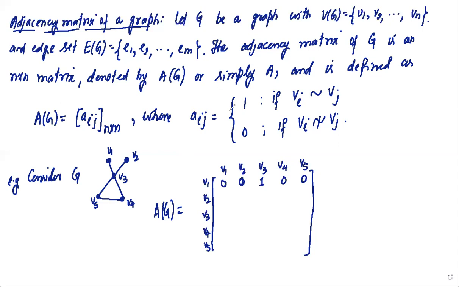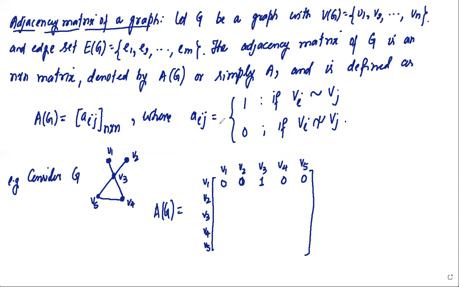Now, observe that whenever we have two vertices Vi and Vj, if they are adjacent, then Vi is adjacent with Vj, but we can also say that Vj is adjacent with Vi. So once any two vertices Vi and Vj are adjacent, then by definition the ijth entry is equal to 1. But at the same time, Vj and Vi are also adjacent, so the jith entry will also be equal to 1.